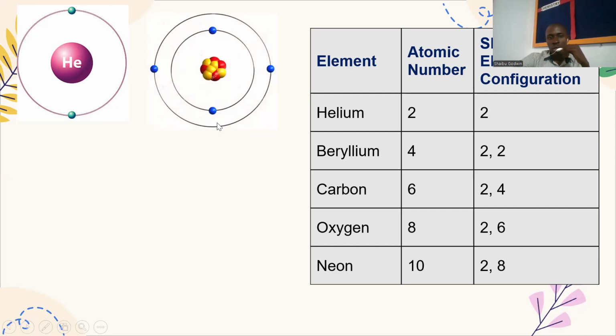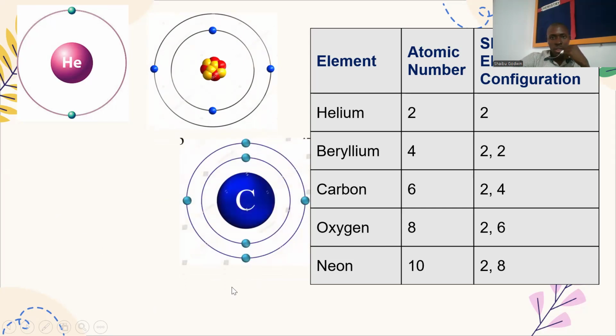Beryllium has 4 electrons, 2 in the K shell, and then 2 in the L shell. The next will be carbon. Carbon has 6 electrons in all, 2 in the K shell and 4 in the L shell.